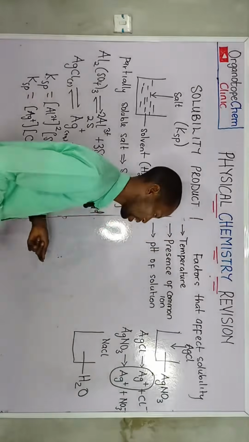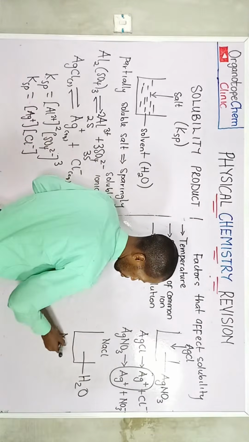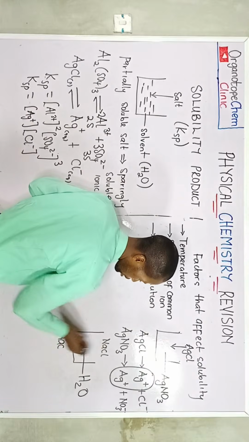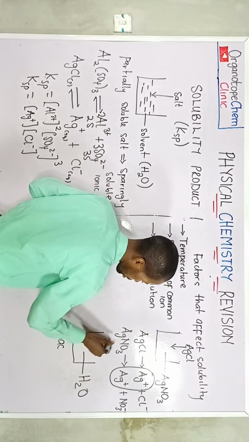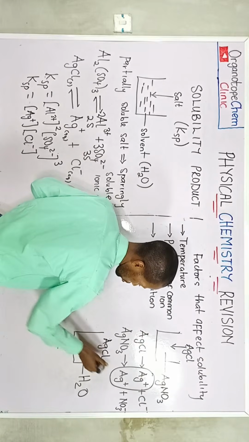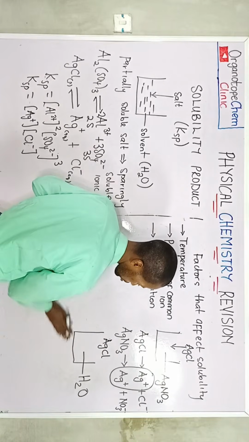Do we have a common ion in this? Sodium chloride is actually soluble, so don't let me use sodium chloride. Let me use silver chloride. Okay, that's a sparingly soluble salt.